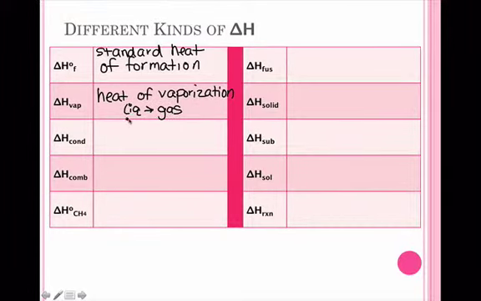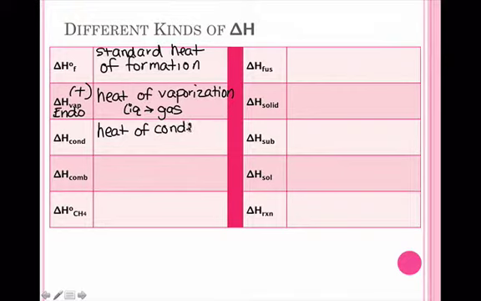So the energy change that you get from a liquid to a gas, and we know that you have to put energy into the system in order to make this phase change happen. So this is always positive because you're always having to put energy in. It's an endothermic reaction.